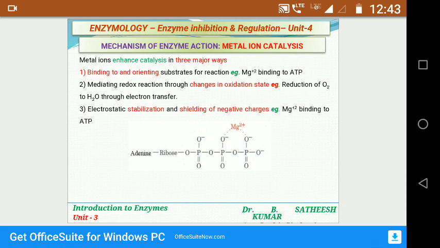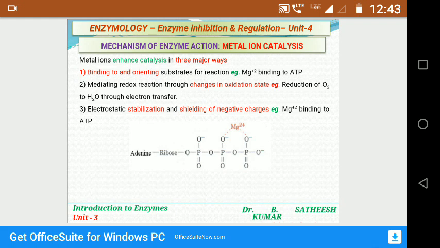And the third mechanism by metal ions is electrostatic stabilization and shielding of negative charges. Here we can observe the example in glycolysis. The hexokinase requires ATP along with magnesium ions. For the transfer of phosphate from the ATP to glucose, it requires magnesium ions.